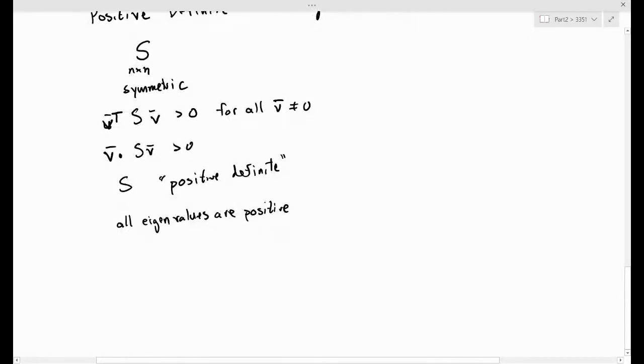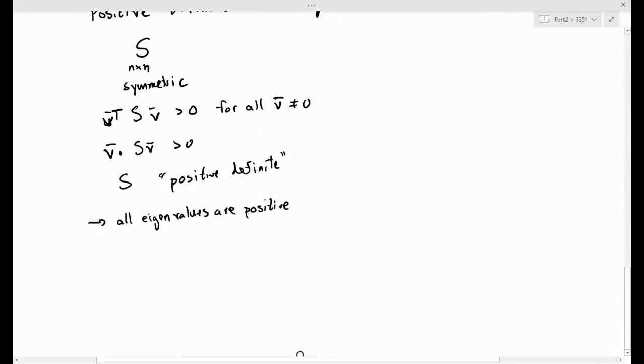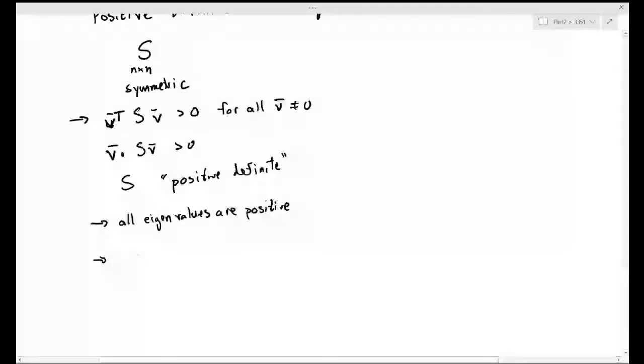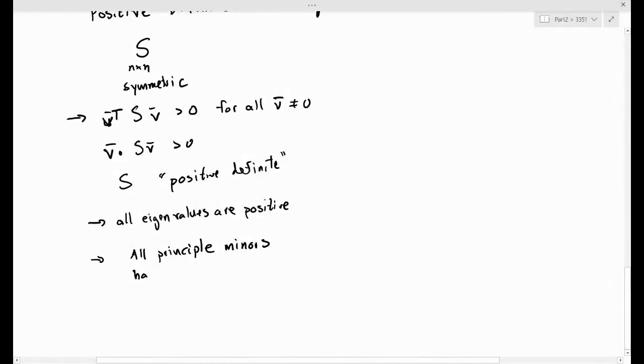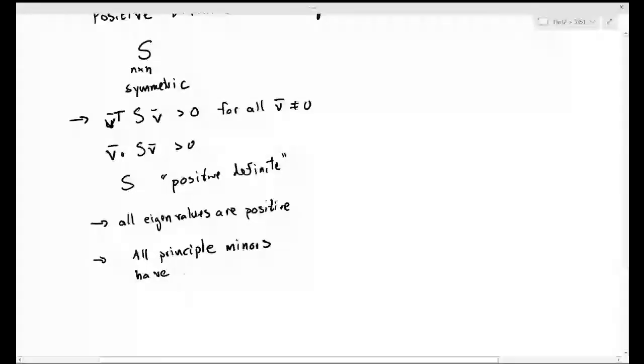Okay. And there's also a test, another equivalent condition. So this is like the definition, and this is like an equivalent condition. And there's another test, an equivalent characterization of positive definite: all principal minors are positive, or let's say have positive determinants.